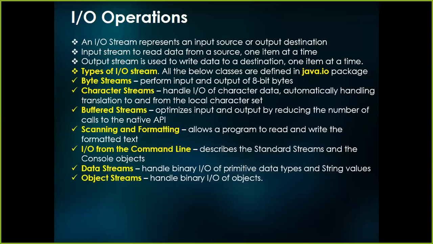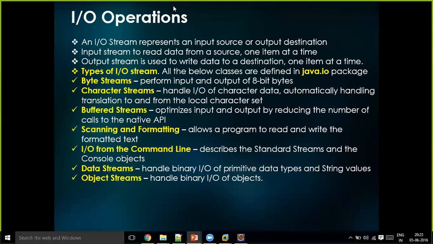In these 2 streams, there is one disadvantage. For every byte or for every character, you have to make an IO call request. So if you have 1,000 characters, you have to make 1,000 read requests.